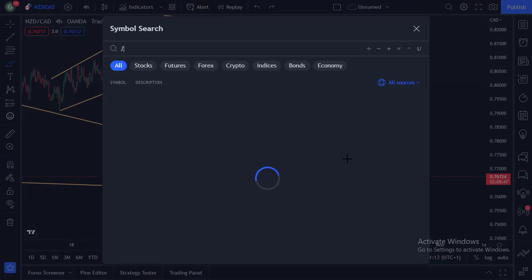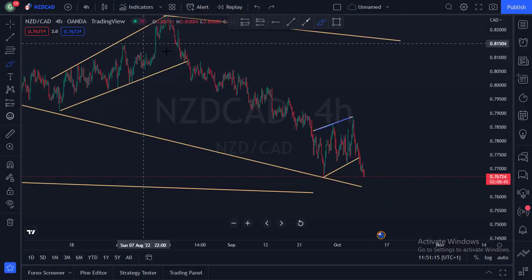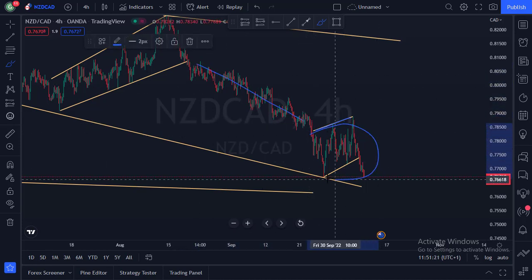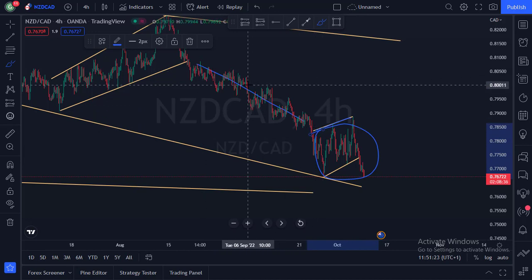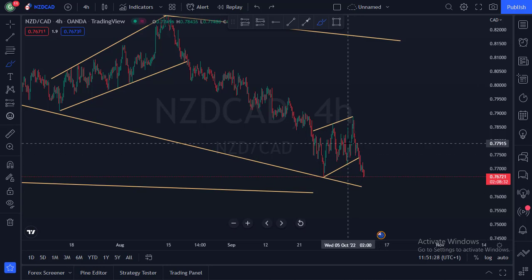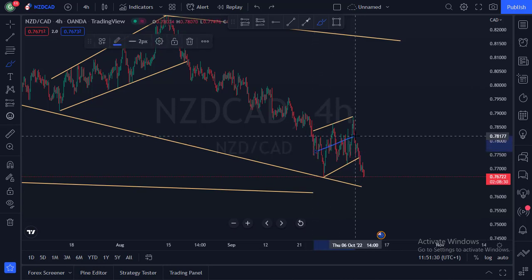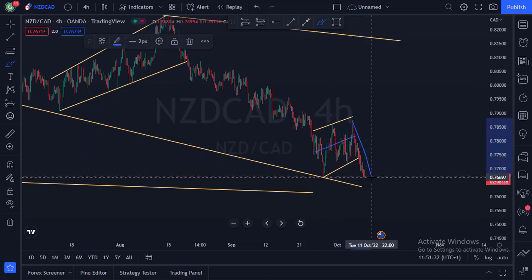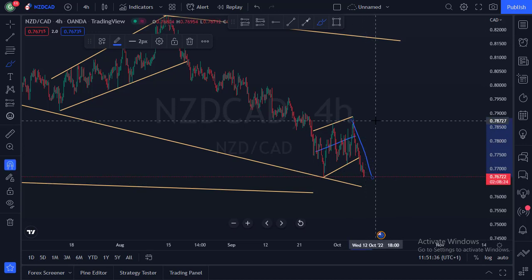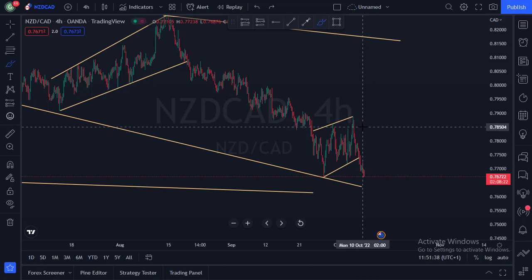So what it means is the whole of this can now be seen as an impulsive move, and this is now the correction to correct this impulsive move. And you can see, because there's always an impulsive move after a corrective move, this correction is now followed by this impulsive move to the downside. But I actually still have a bias for a buy here, but it's showing on this 4-hour time frame that this is a sell. So my bias here is confusing.